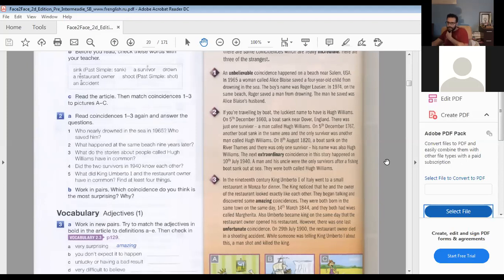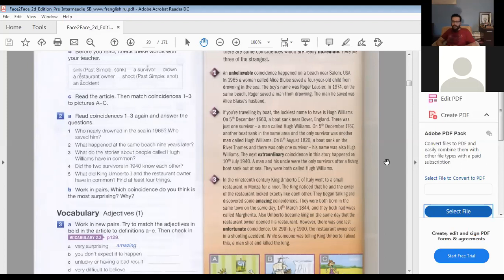Salim. He is drowned. If you look a little more carefully, you can find it. It's not in the first sentence. Who saved him? I think Salim, he is drowned, and the young woman called Alice saved a 4 year old child from drowning in the sea.